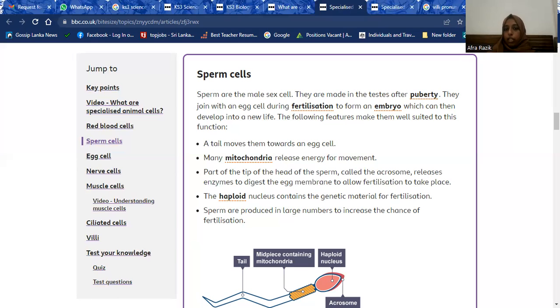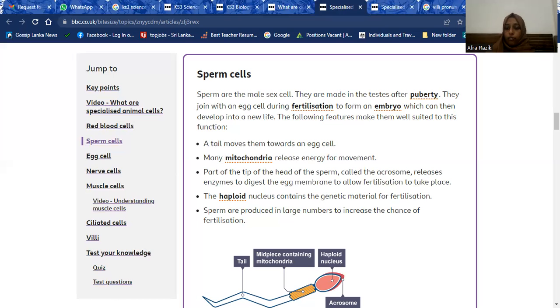This sperm cell will go and join with the egg cell, right? Then after that, they'll form an embryo. Embryo means this egg cell will keep on dividing into further cells, so we call it an embryo. From that embryo, a new life is produced, right?